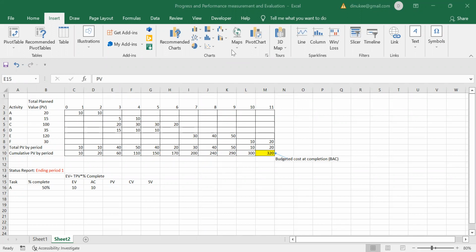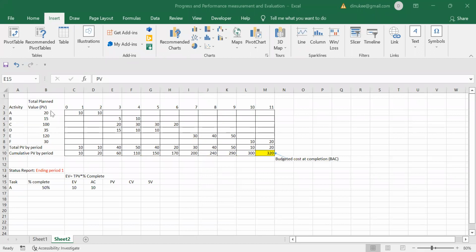So what about others? At the end of period 1, first you have to identify where that place is. I have told you the end of period 1 means this. At the end of period 1, you have to see what the total planned value is.